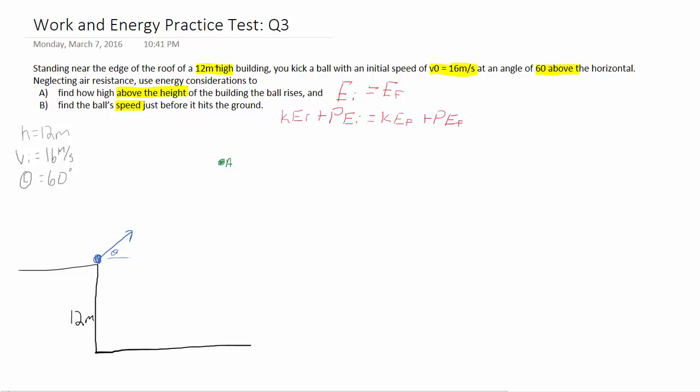All right, so our equations are going to be 1/2 times mass times velocity squared plus mass times gravity times height.